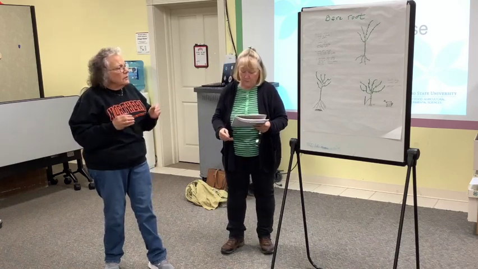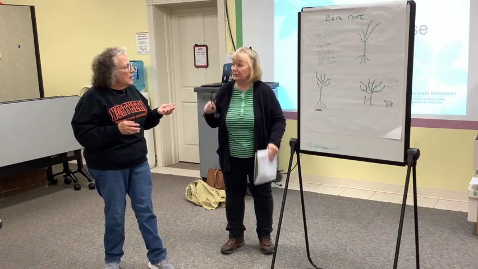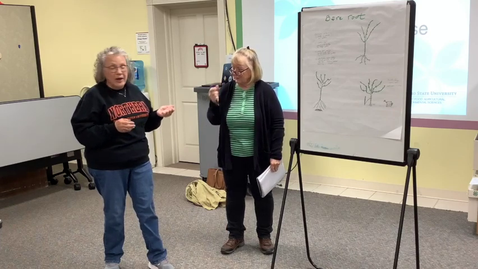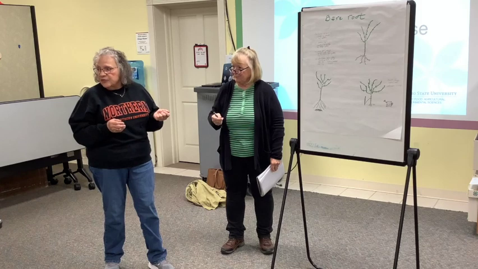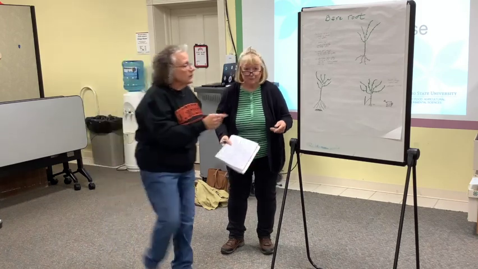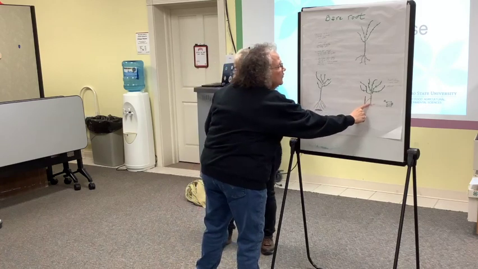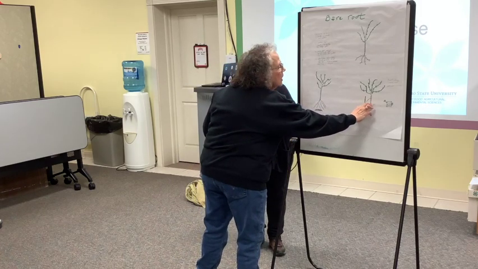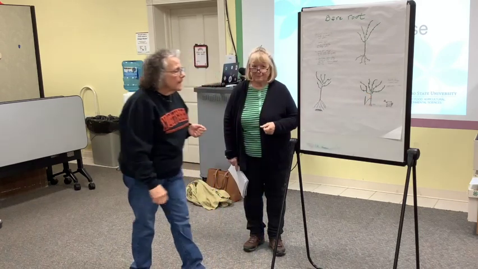I think the biggest mistake a lot of people make, and I was told this by an arborist, is planting the tree too deep. You don't want to cover the crown, the junction where the roots start and the trunk is growing.